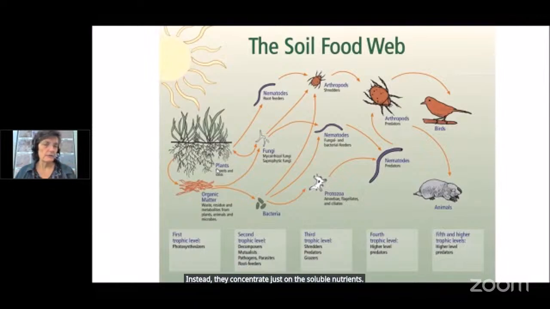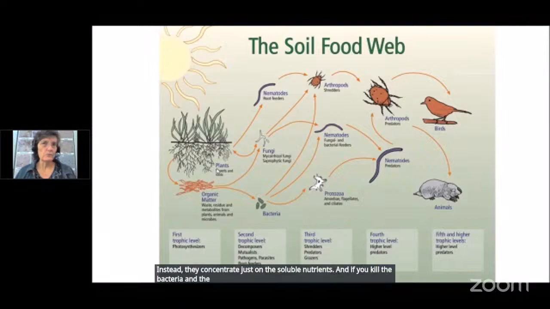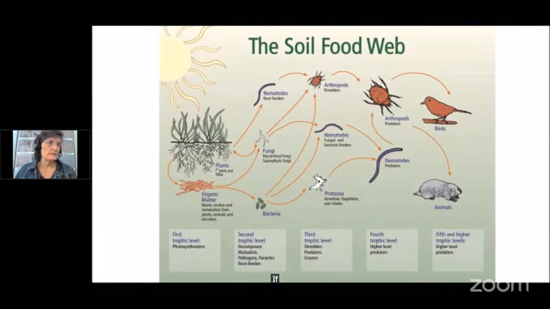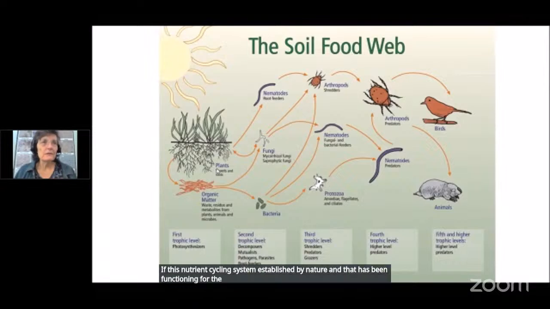And if you kill the bacteria and the fungi off, you can't get soluble nutrients back into your soil. So what are you going to use to grow your plants if this nutrient cycling system established by nature, and that has been functioning for the last 4 billion years on this planet, what if you kill all these organisms off? Then how are your plants going to get the soluble nutrients that they require?